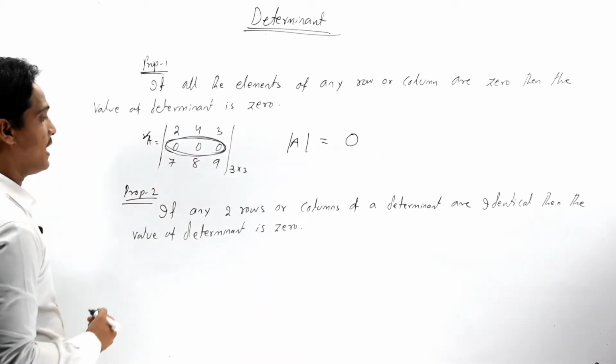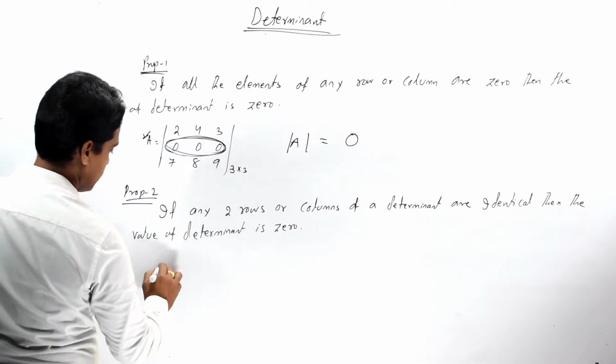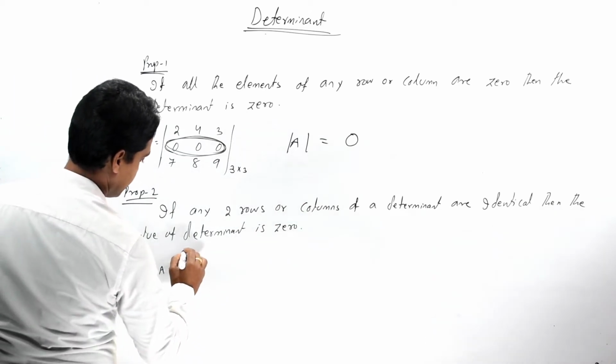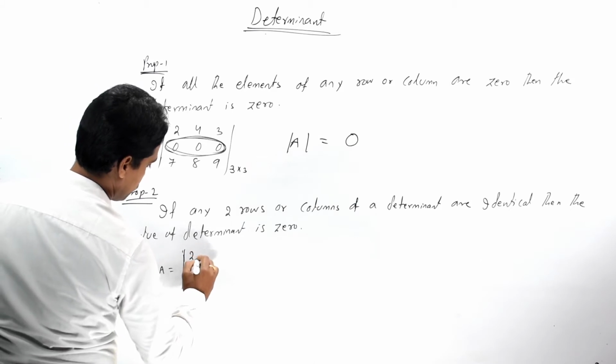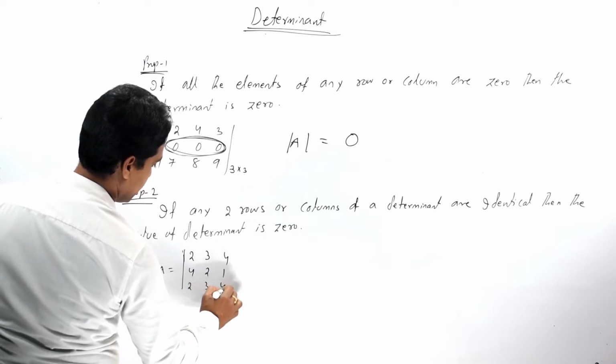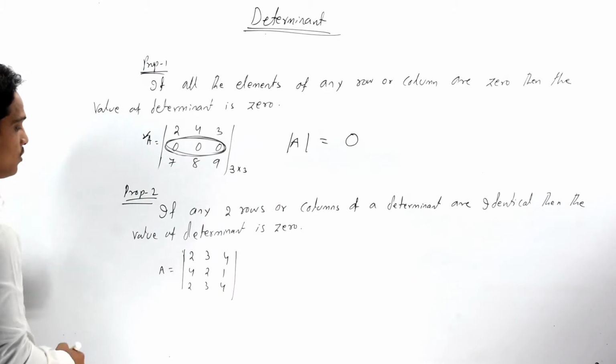So let's take an example. A is the determinant having 9 elements, that is 2, 3, 4, 4, 2, 1 and 2, 3, 4.